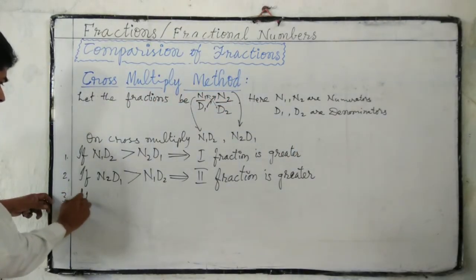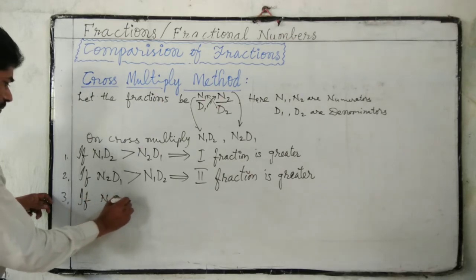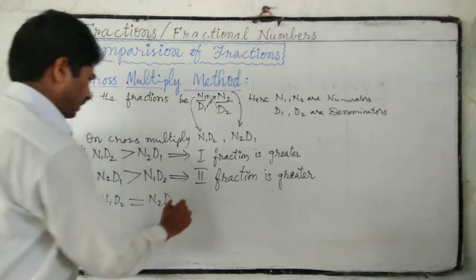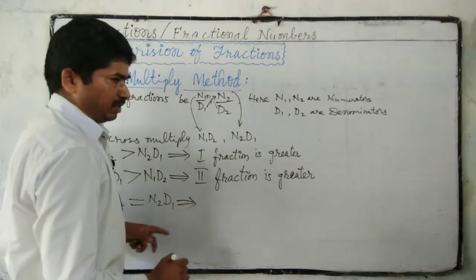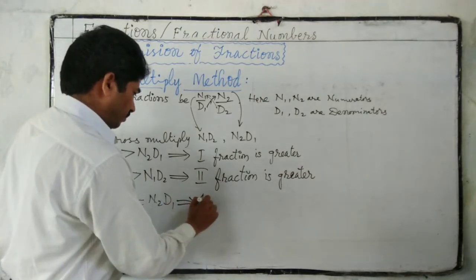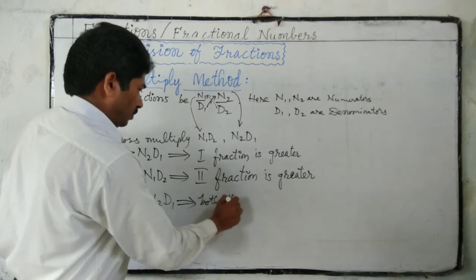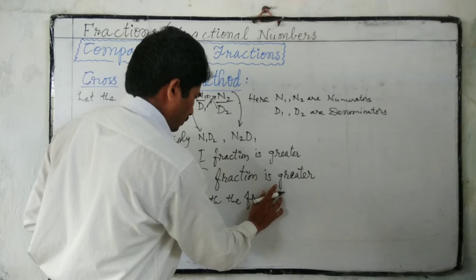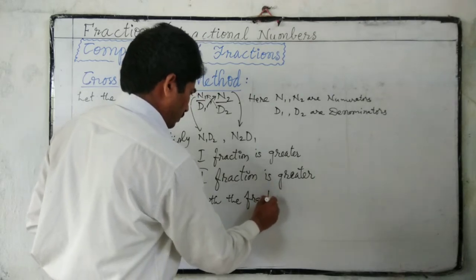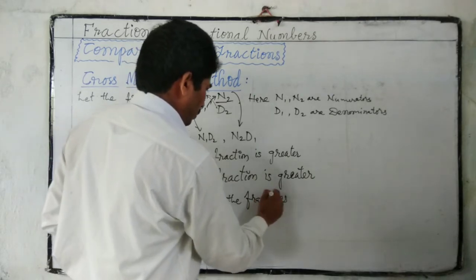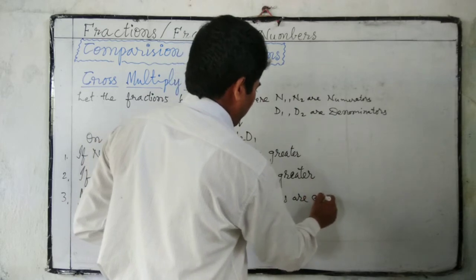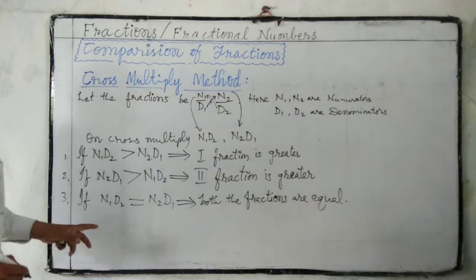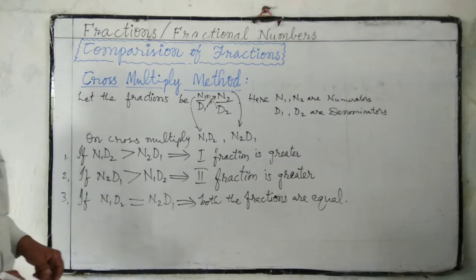If n1 d2 is equal to n2 d1, then both the fractions are equal. This is the method to compare two fractions.